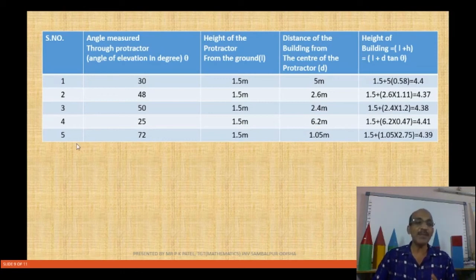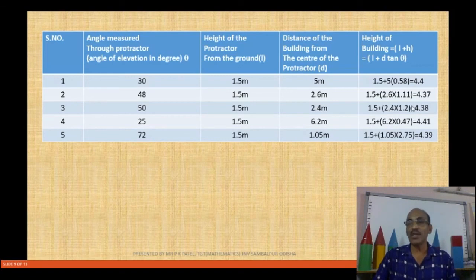In the last, fifth position, the angle of elevation is 72 degrees and the height is the same, but the distance between the clinometer and the school building is 1.05. Mark, when the angle of elevation increases, the distance between the clinometer and the school building decreases, and the value is now 4.39.